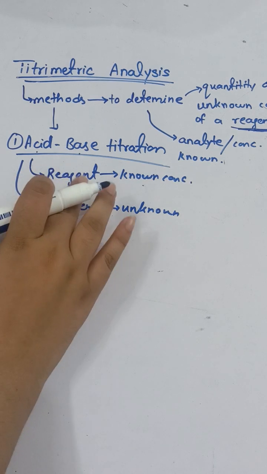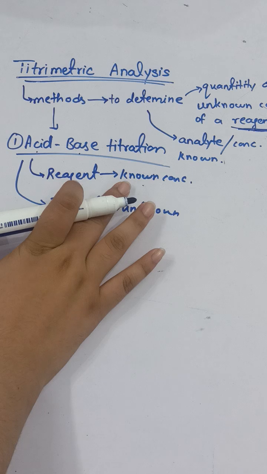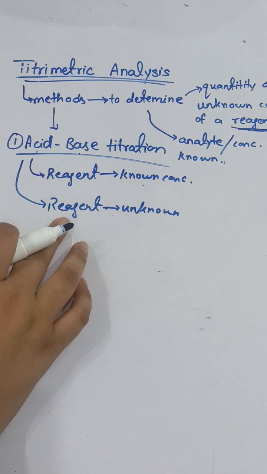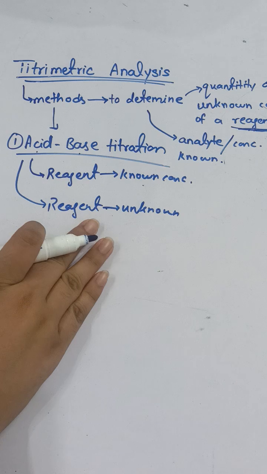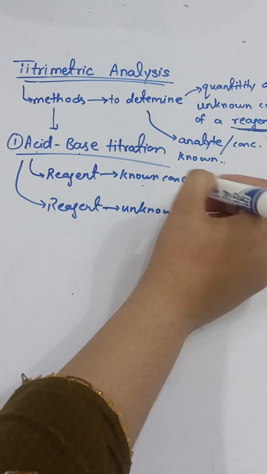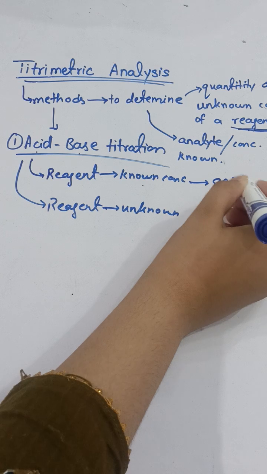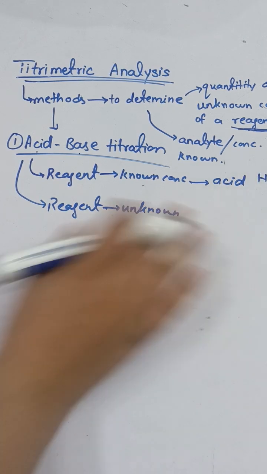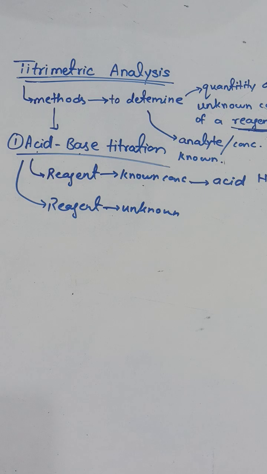Now our first reagent, whose concentration we know, can be an acid or it can be a base. Similarly, the other reagent can be an acid or a base. Let's suppose I'm giving you the example that this is an acid, like HCl, and I know its concentration, like 2%.